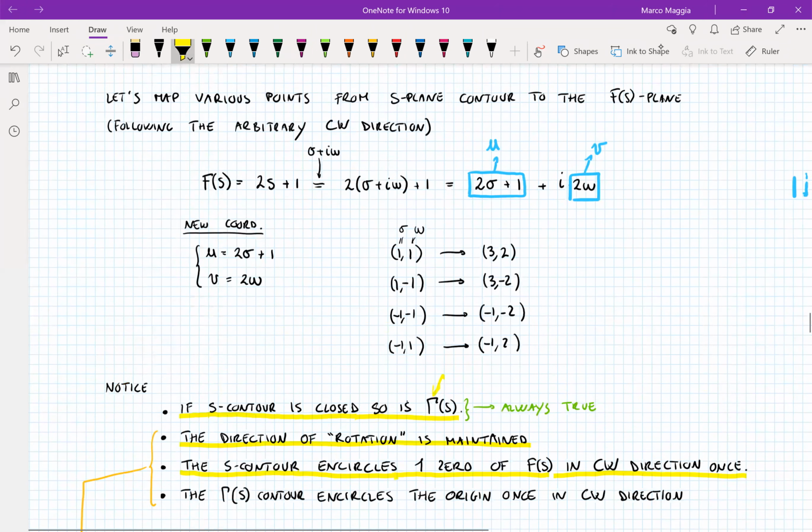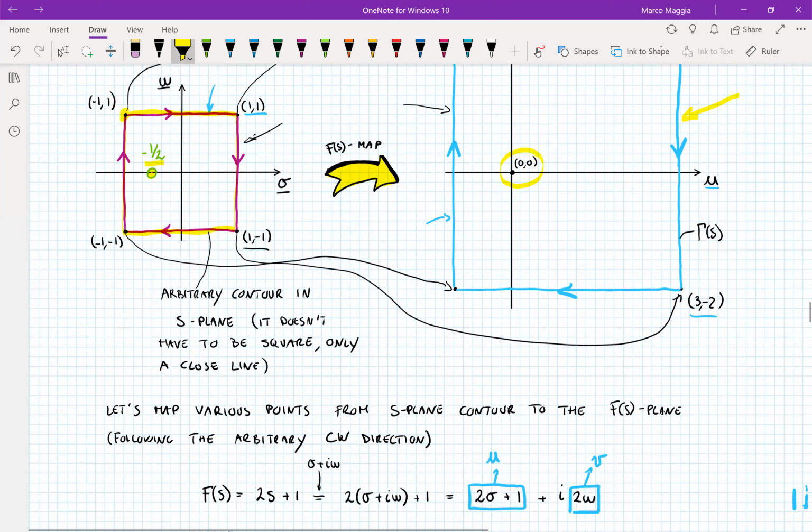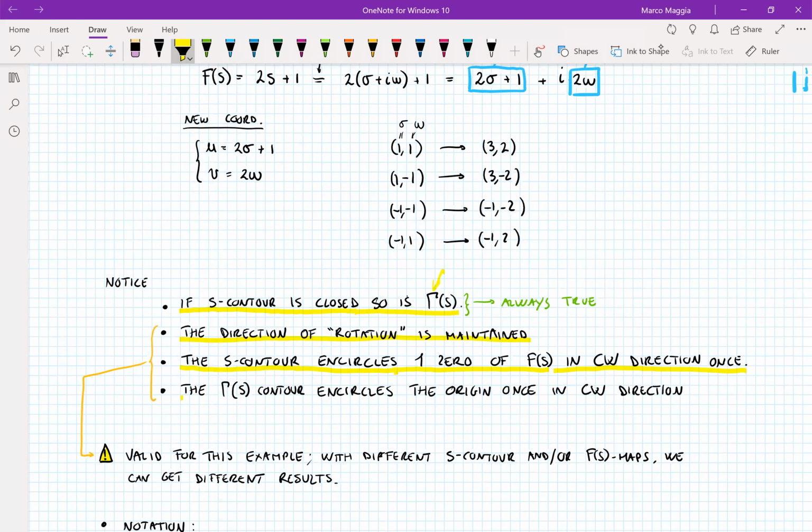Now let's take a look at the f of s contour. And we notice that it encircles, so it goes around, the origin once, always in the clockwise direction. Okay, very good. So let's take note of that.